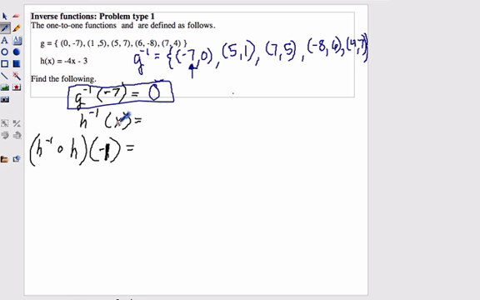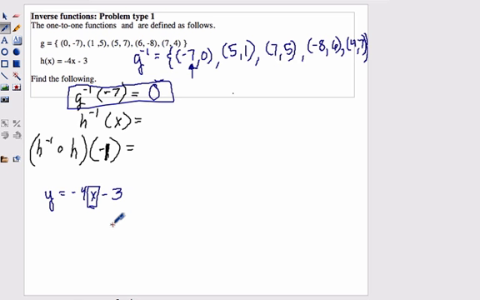And then they ask you for the inverse function of h. Now when you're given a function in equation format, we're going to replace the h of x with y. Solve this for x.